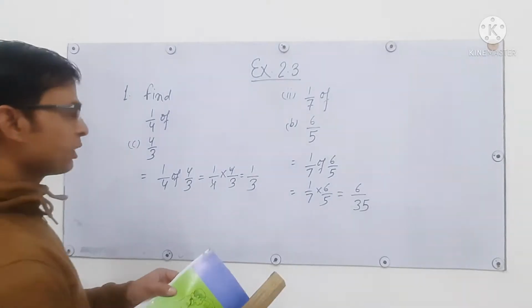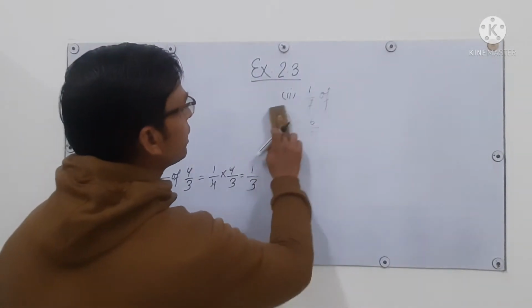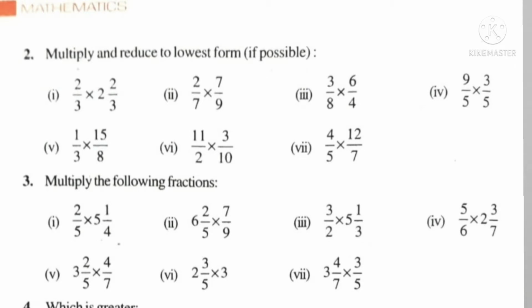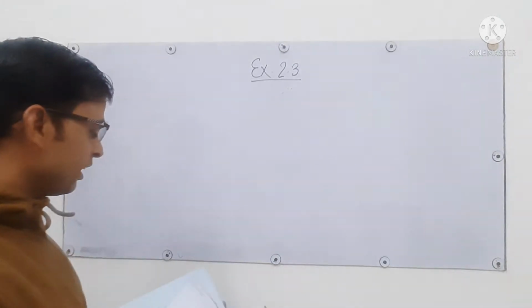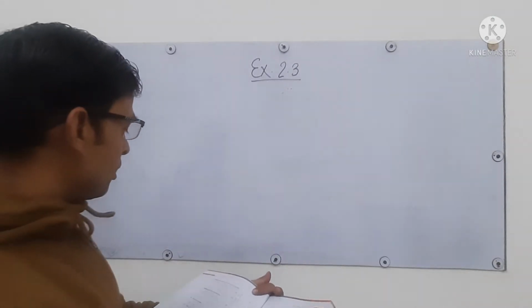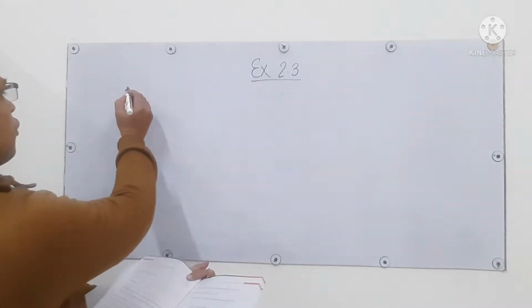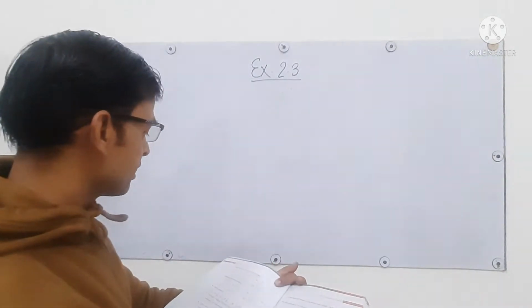What is question number 2? You can see it on your screen. Question number 2 is also a very easy question, and here we have to just reduce it to the lowest form. I think you have seen the question on the screen.